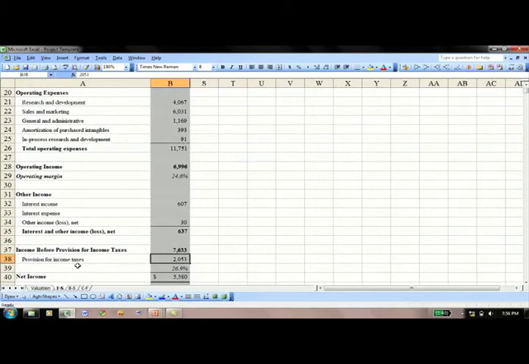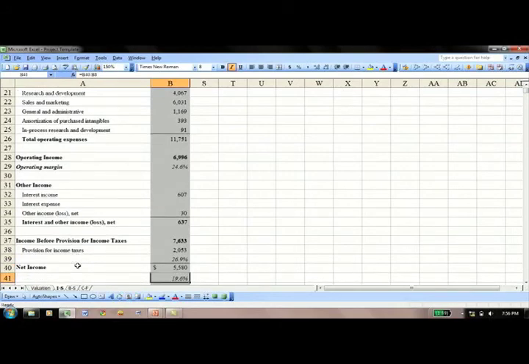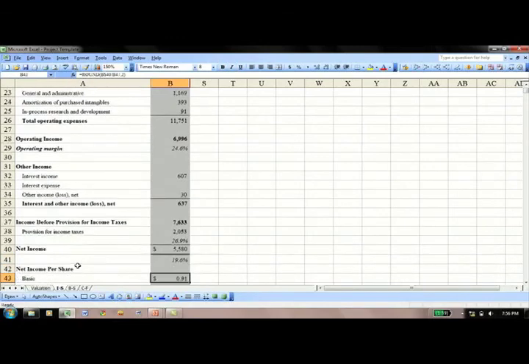When you take out that 2 billion from the 7.633, you get a net income which is $5.5 billion, or a net margin of 19.6%, which is a very healthy margin.